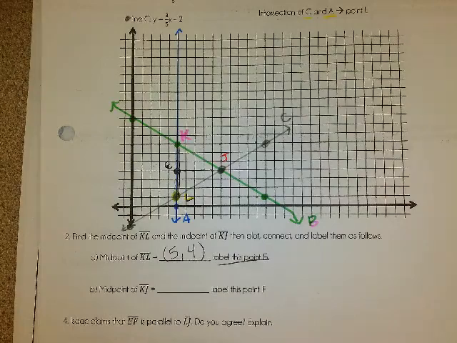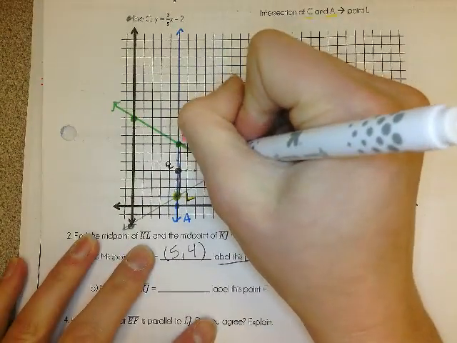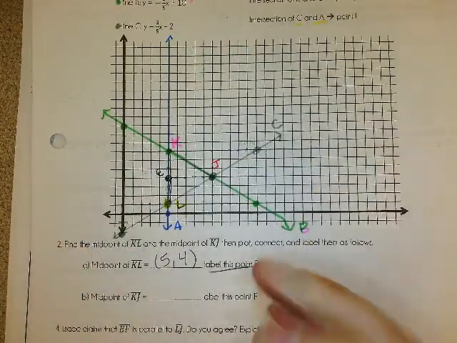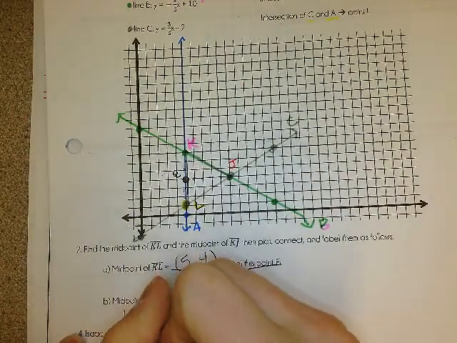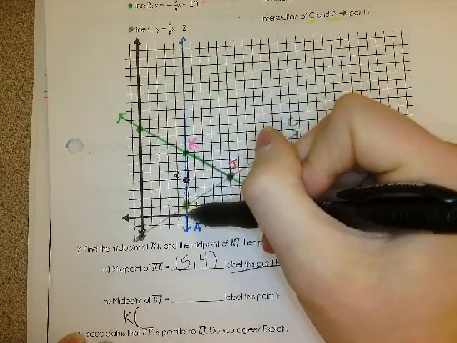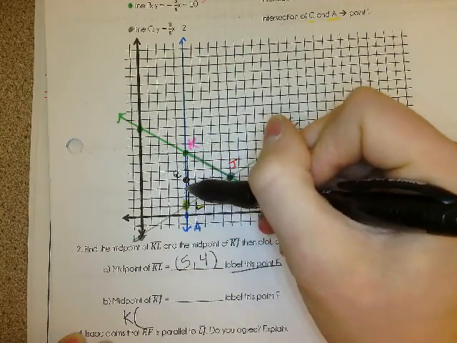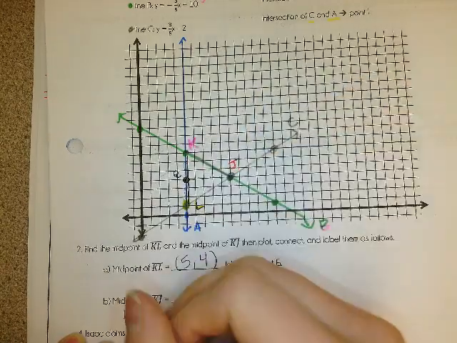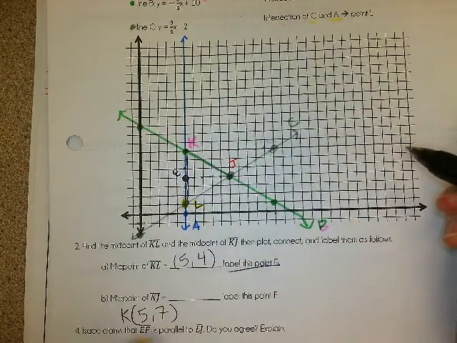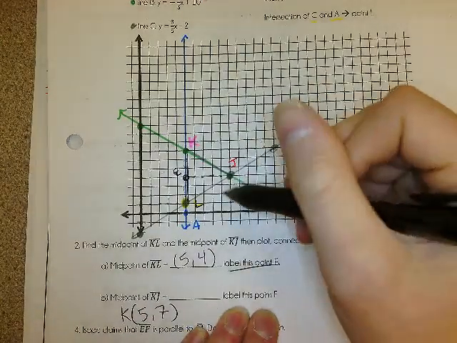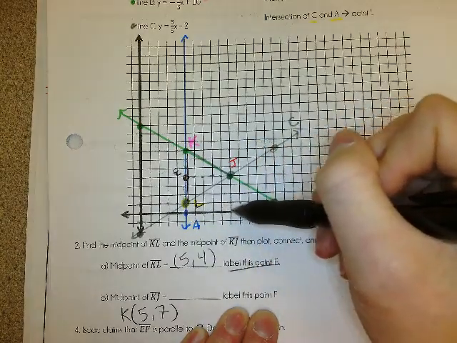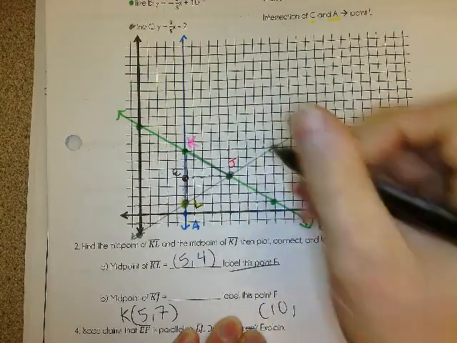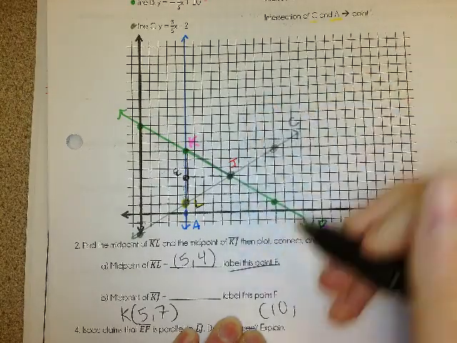Okay, now find the midpoint of KJ. So we're going to have to use the midpoint formula for that one because it's diagonal. So if I look, point K is 5. So I'll go right 5 and then up 1, 2, 3, 4, 5, 6, 7. And then J is 1, 2, 3, 4, 5, 6, 7, 8, 9, 10, and 1, 2, 3, 4.